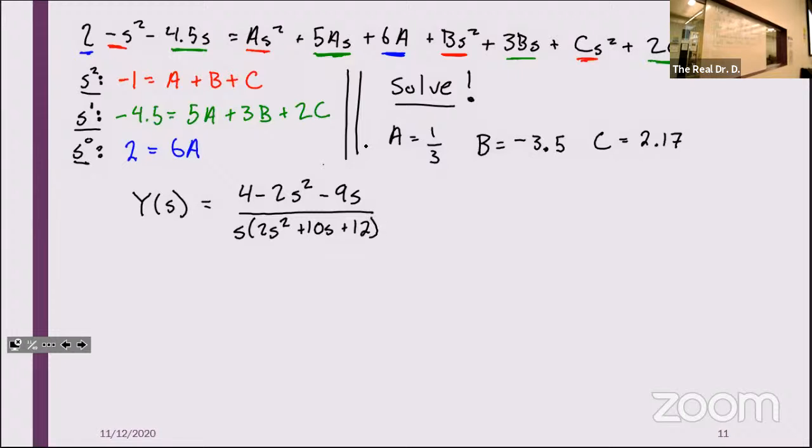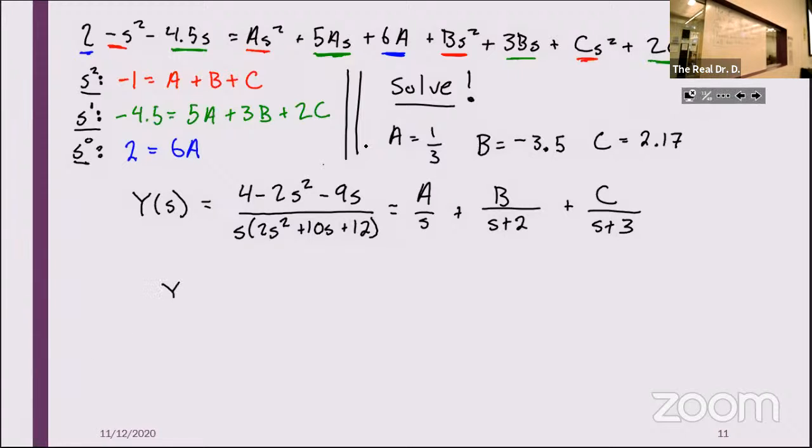That's what we started with. And we said that all of that had to equal a over s plus b over s plus 2 plus c over s plus 3. So y of s equals a over s plus b over s plus 2 plus c over s plus 3.